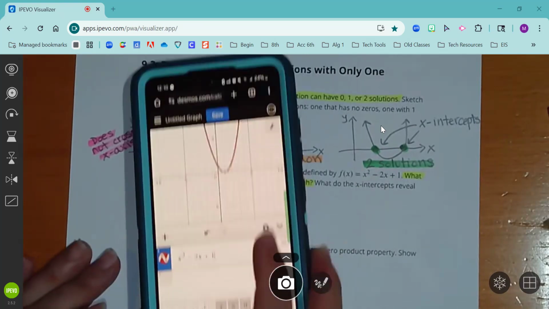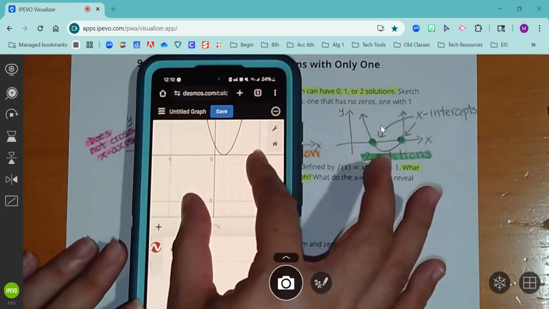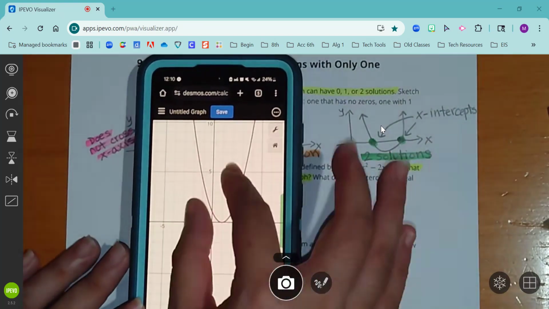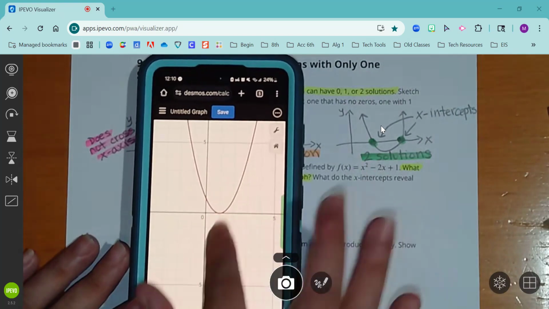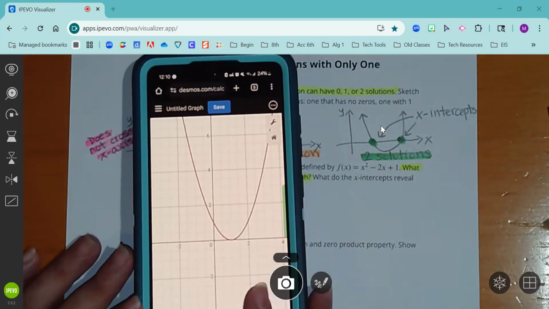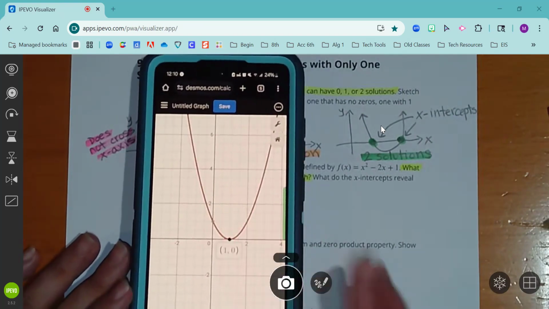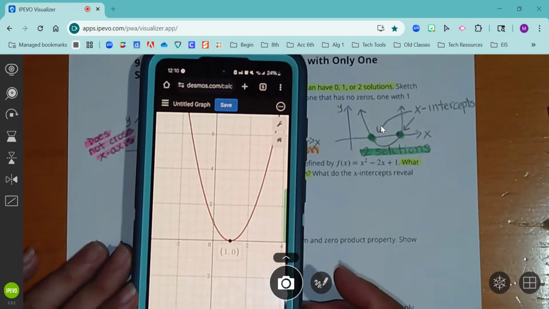So what do I notice from this graph? I'm going to zoom in if I can. Hopefully you guys can see it. A few things I noticed. I noticed there is a point at 1, 0.